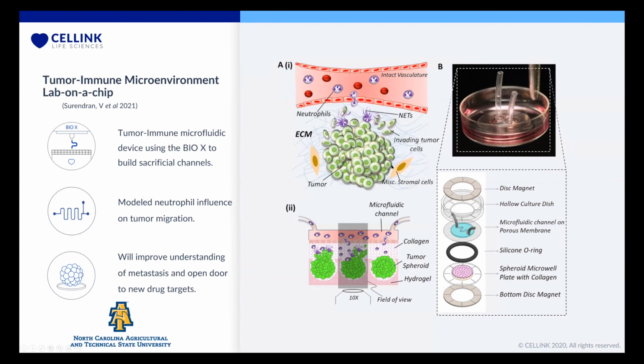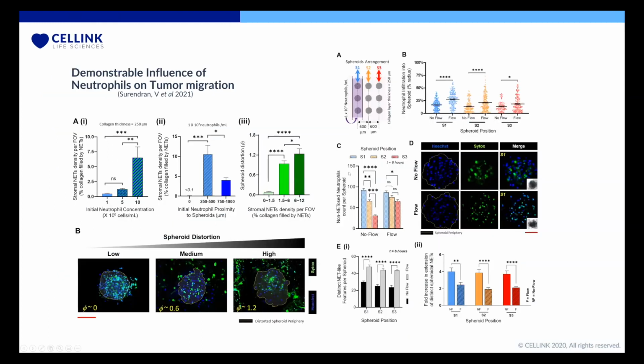In this case, they were using tumor spheroids next to some sort of vessel to investigate how the tumor cells responded to cells that were inside that vessel. And more specifically, they were analyzing how ovarian cancer cells would migrate in response to a process called neutrophil netosis, including analyzing how neutrophil proximity, quantity, and presence of flow affected this migratory response.